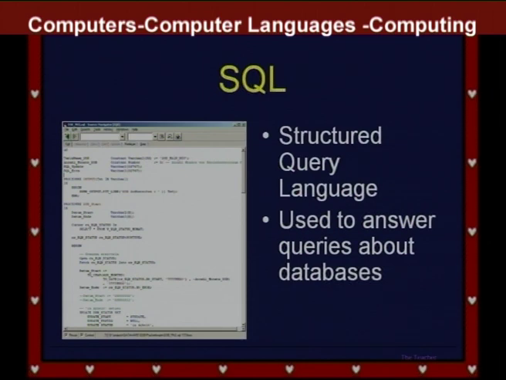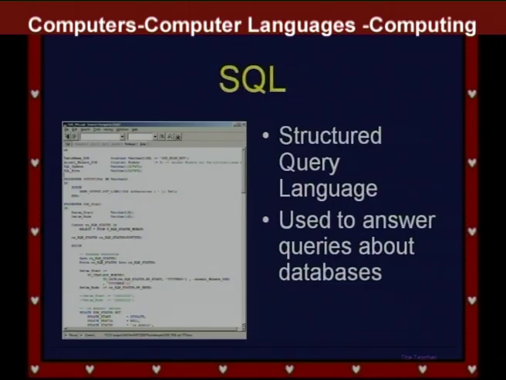So this is one of the query languages, SQL. It also looks close to English, and it is also a high level language, but it is used only for database querying. If you want to get data from a database, you go with this language.